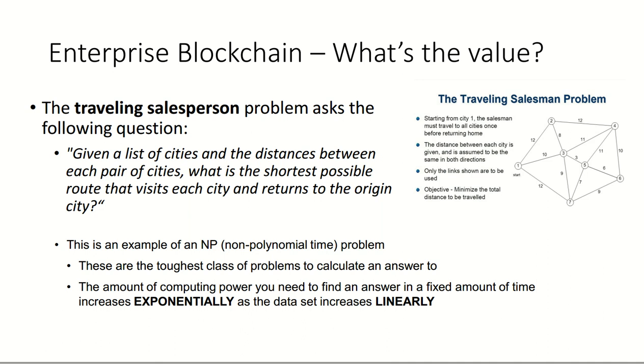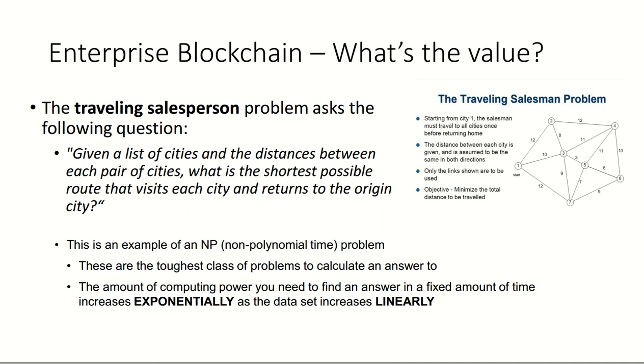And that's just a fancy way of saying it's a really tough problem to solve, because any NP problem is one where if you want to be able to calculate an answer in a fixed amount of time, you're going to need exponentially more computing power to do it as you scale up the size of your data set linearly. So these are problems that become incalculable very, very quickly.